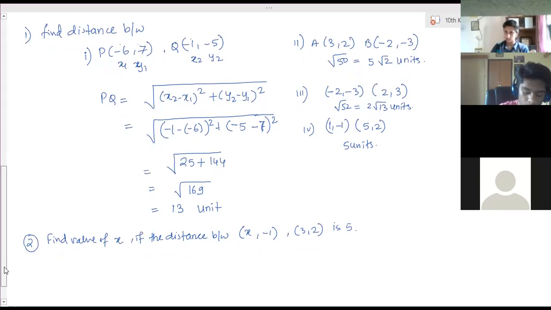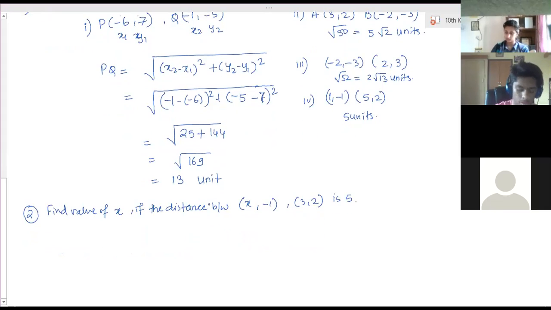Find the value of x if the distance between x, minus 1 and 3, 2 is 5. So they have given 5 units as a distance. Now consider one point as A, that is x and minus 1, another point as B, 3 and 2, and the distance AB is equal to 5.